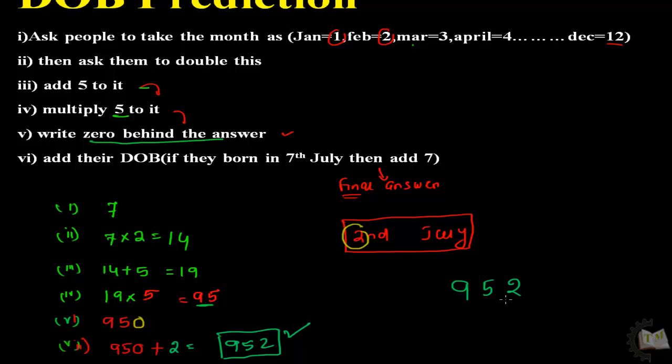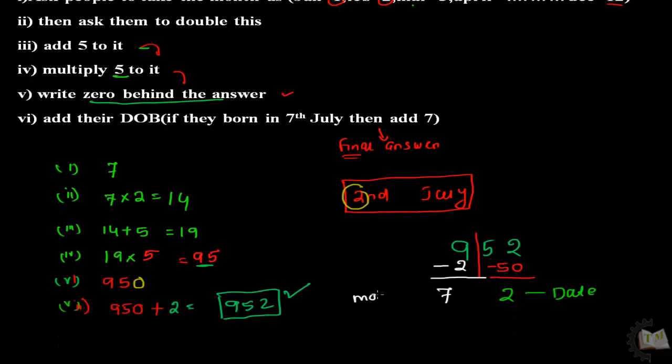These 5 2 are the last 2 digits, divided in 2 parts. On the right-hand side there are 2 digits and on the left-hand side there is 1 digit. Subtract 50 from the last 2 digits and you will get 2, which is the date, and subtract 2 from the left and you will get 7, which is the month.